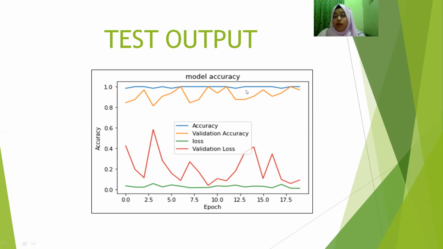Here only 20 epochs are used, and after a number of epochs, the orange line is approximately similar to the blue line. That means it is almost around 96.30% accuracy, which is the best validation accuracy in this research.